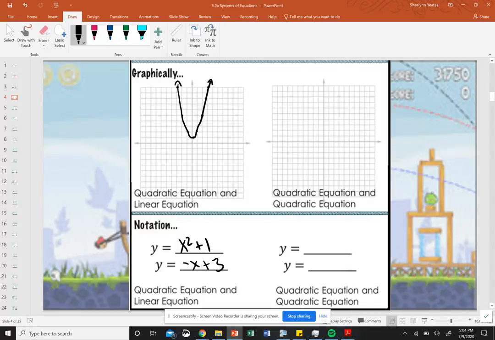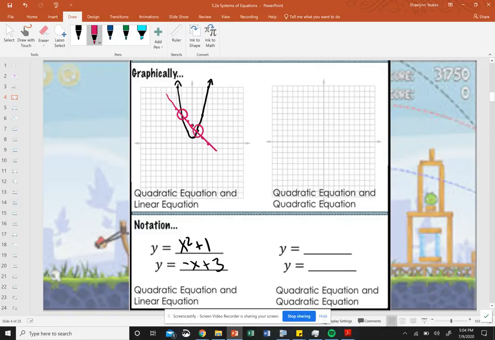There's the quadratic, and then the linear would look like this. Okay, let me do the linear in a different color. And so you end up with two solutions, this one right here and this one right here.